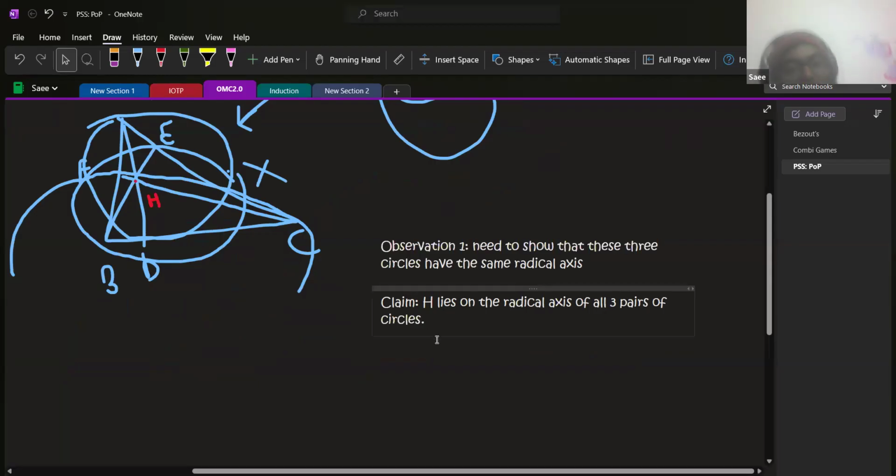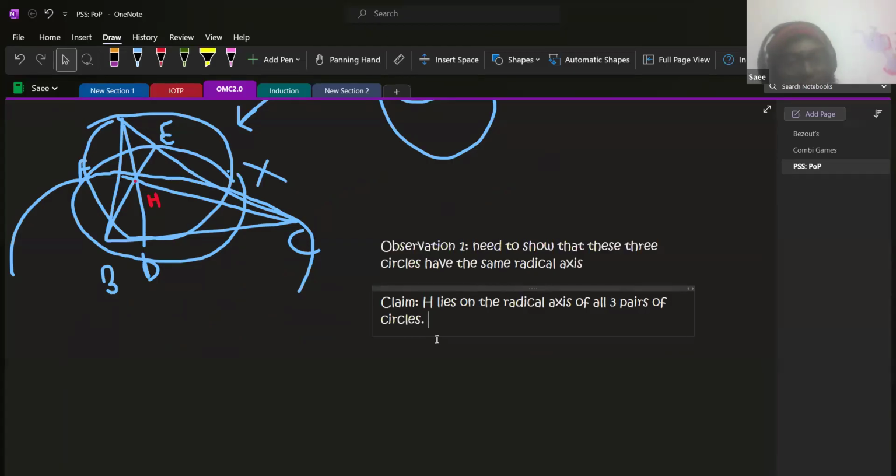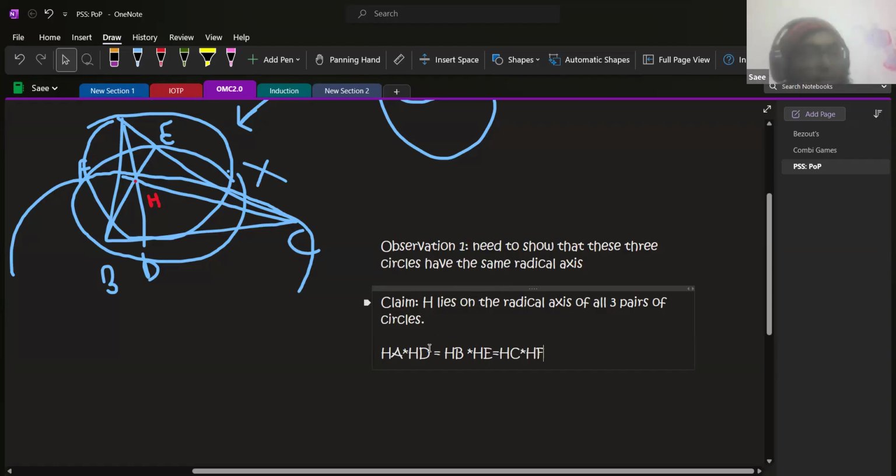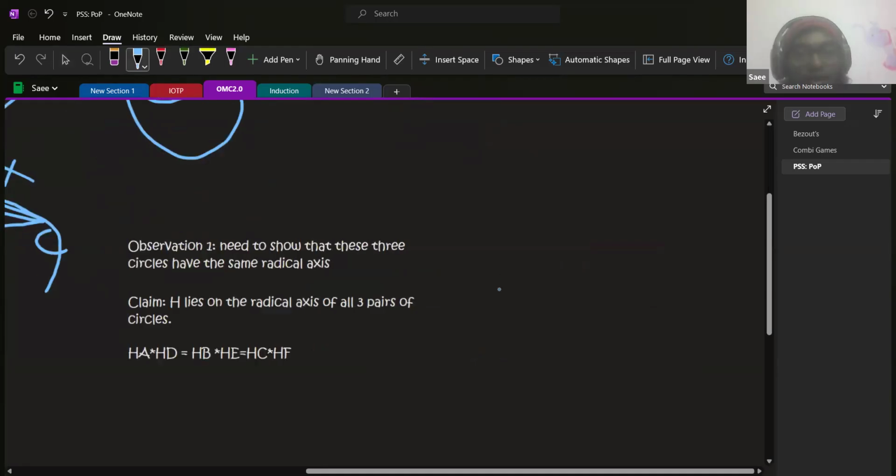Amazing, exactly. So one way to show that something lies on the radical axis is to show that the power with respect to both the circles is the same. And like you mentioned, we know that HA times HD is the same as HB times HE. It's the same as HC times HF, right? That's simply because, okay, that's also not too hard to see.